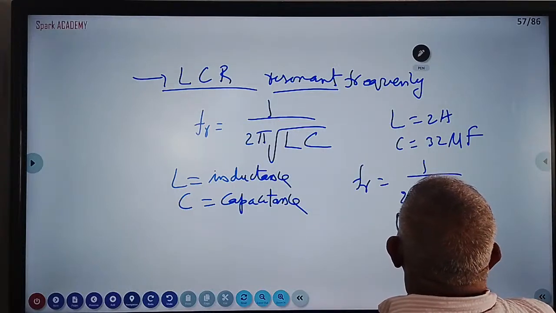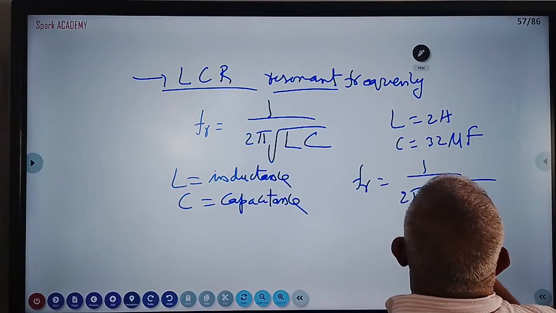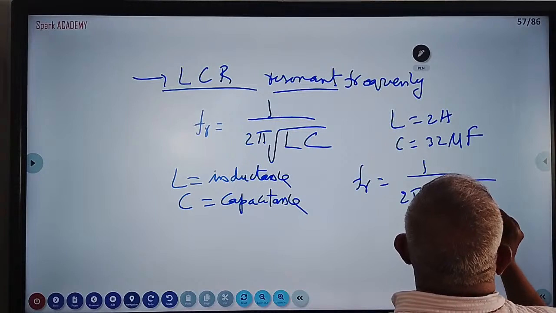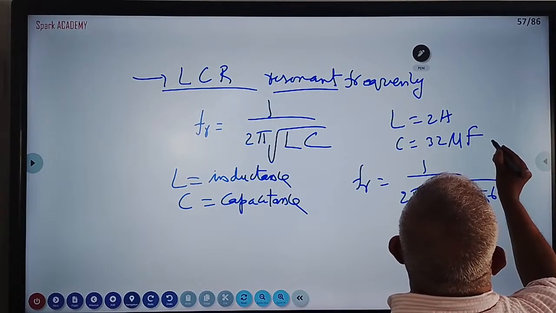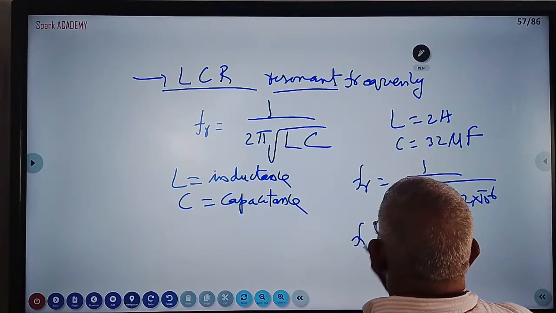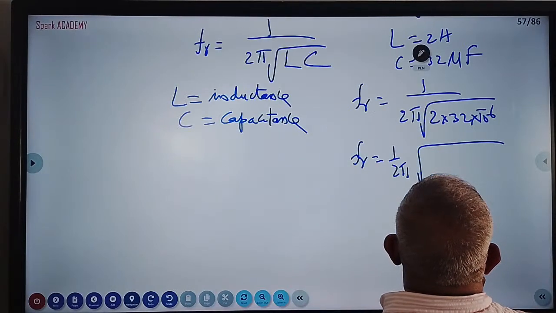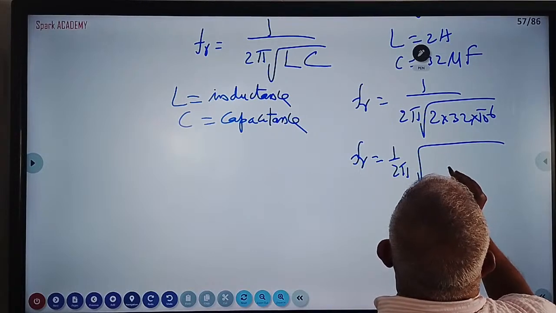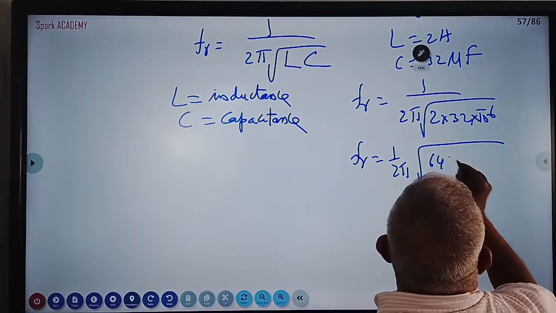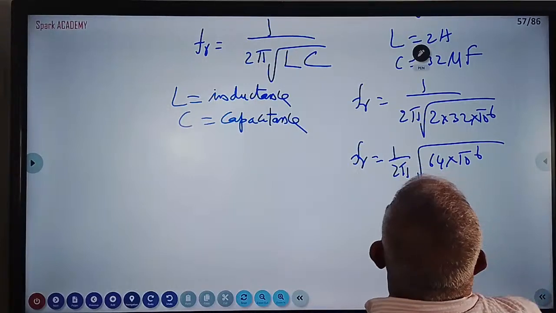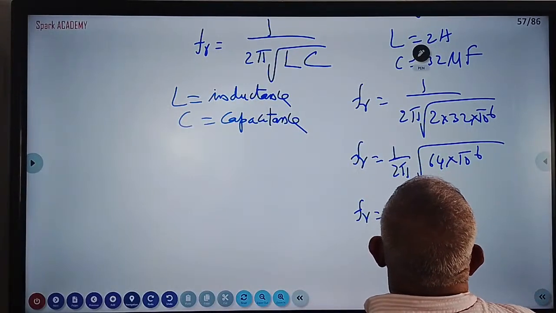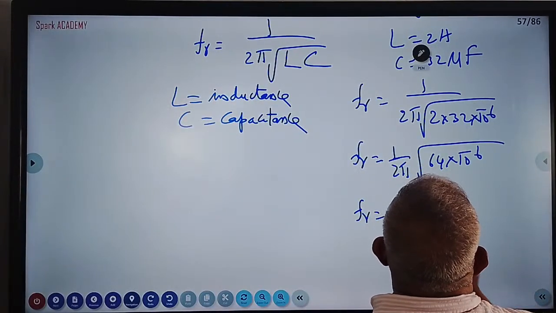So the formula is 1 by 2 pi square root LC, with L as 2 henries and C as 32 microfarads, where micro means 10 to the power of minus 6. So it is 1 by 2 pi root 64 into 10 power minus 6. What is root 64?